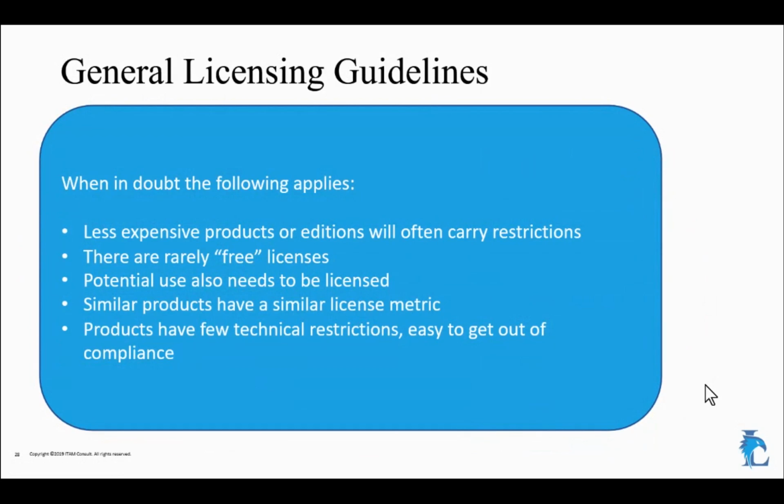When it comes to IBM licensing, less expensive products or editions will always carry restrictions. So if you're wondering why this product is cheaper than another, go look at the license information. Chances are it has more restrictions, or carries fewer bundled products, or you may not be able to use it in the way you want. A common example of that would be production versus non-production.